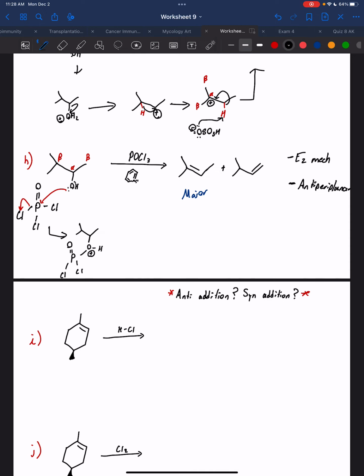Next thing you would do is you would use pyridine. So you can rewrite it, or you can just grab it from over here. I'm gonna grab it from over here because I'm lazy. And you just deprotonate. I haven't been doing it this whole time, but I think it's very helpful to say what steps you're doing. So like this first step would be nucleophilic attack. The next step would be deprotonation.